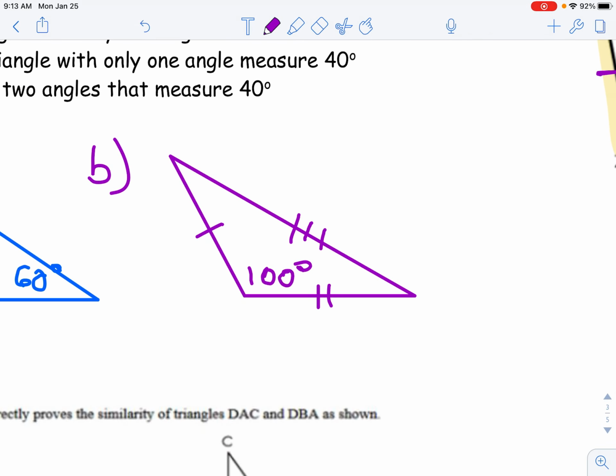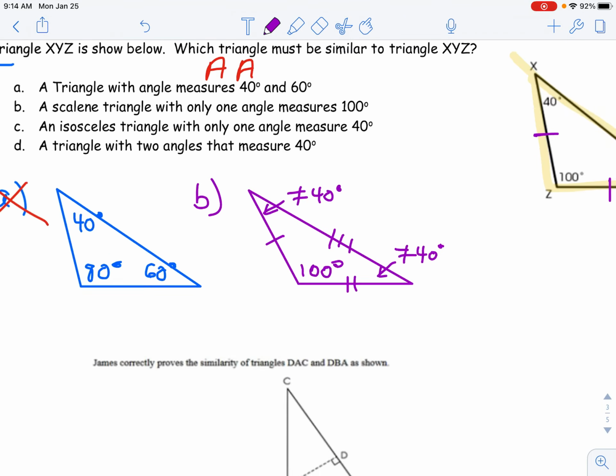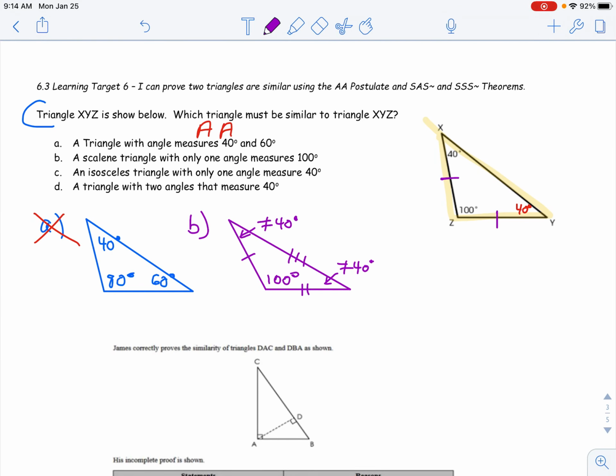Remember, when you have a scalene triangle, none of the angles are the same, so they can't equal 40 degrees. Same thing over here. They can't equal 40 degrees, because if one of them equals 40 degrees, then both have to equal 40 degrees. So B is bad. That doesn't work either.